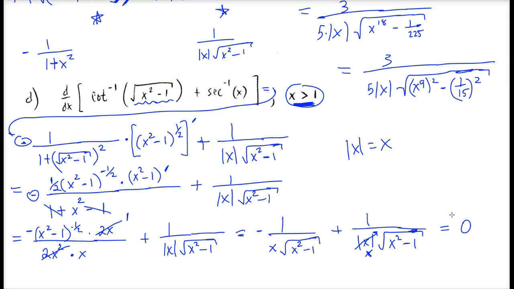So what this is telling us is that if we take our cotangent inverse of the square root of x squared minus 1 and add secant inverse to it, then what we essentially get for all values of x that are greater than 1 is a horizontal line.